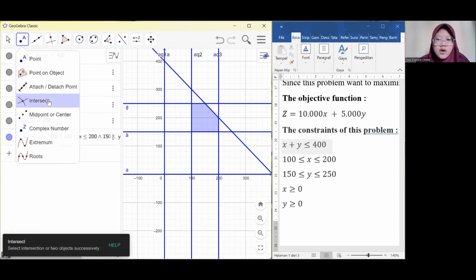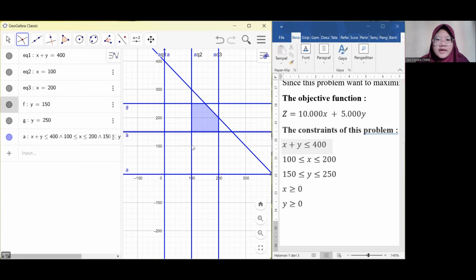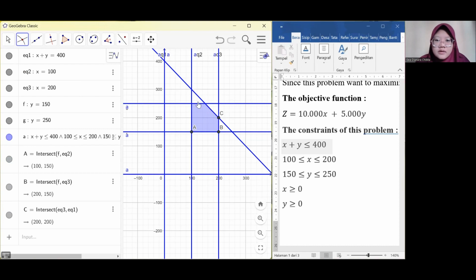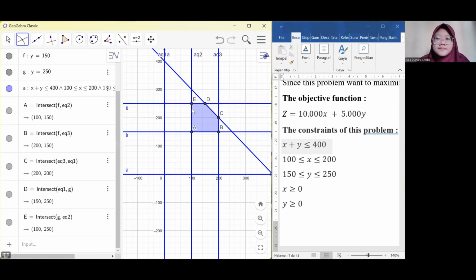We choose the intersect option, and then we choose this line and this line, and we get vertex A, vertex B. This is vertex C. This is vertex D, and the last one is vertex E.